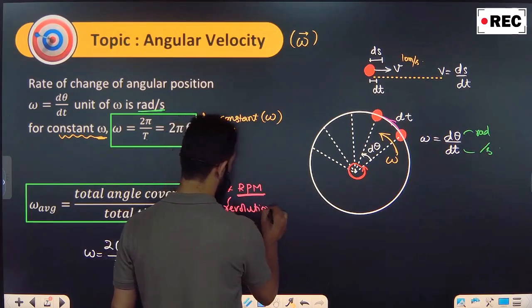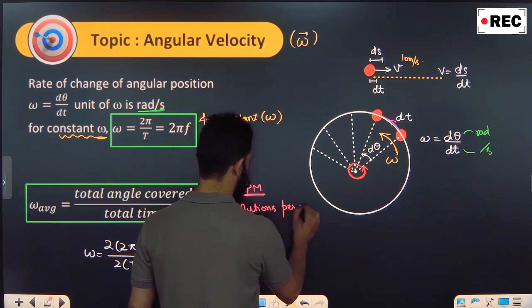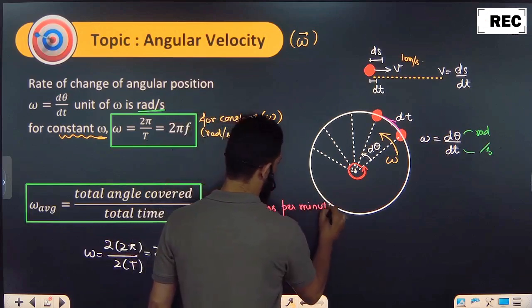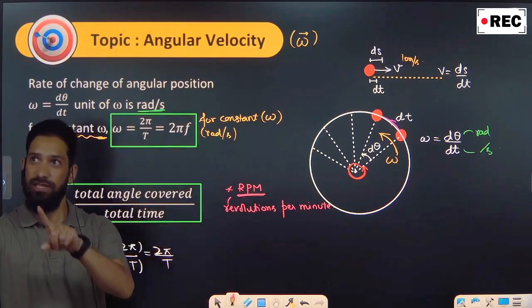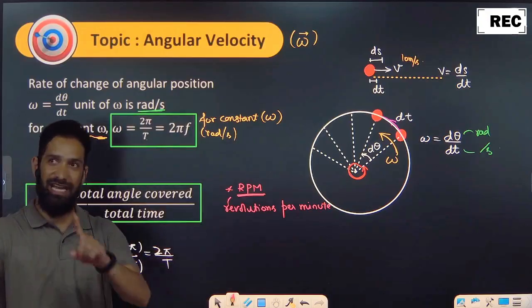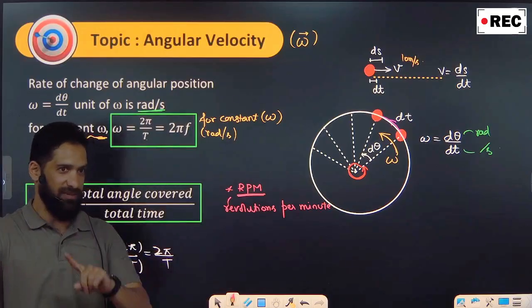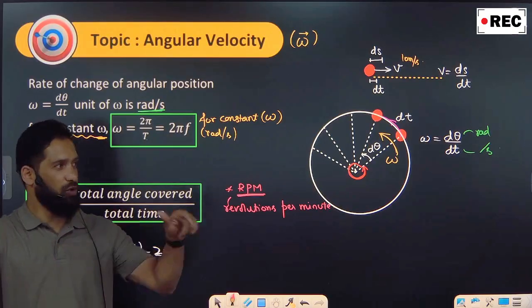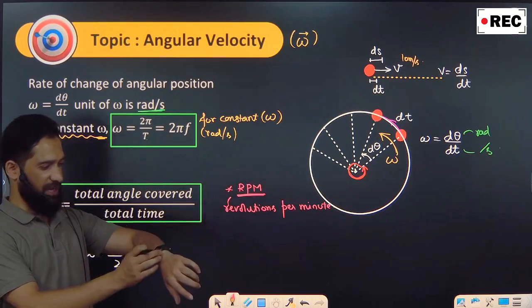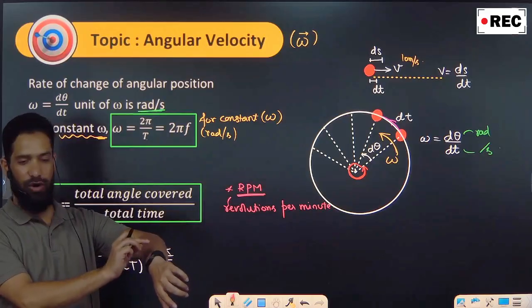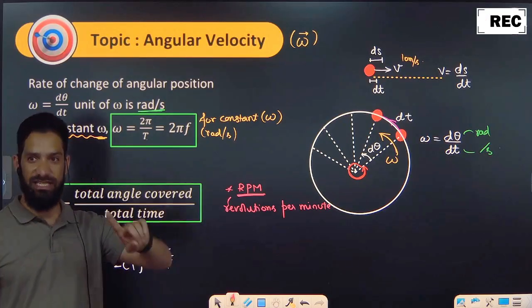revolutions per minute. See, practically you may have seen this RPM. If you see this fan right now, it has a motor inside it, and this motor works on electricity, obviously. So suppose I just switch on this fan and I count a time of 1 minute, that means 60 seconds.